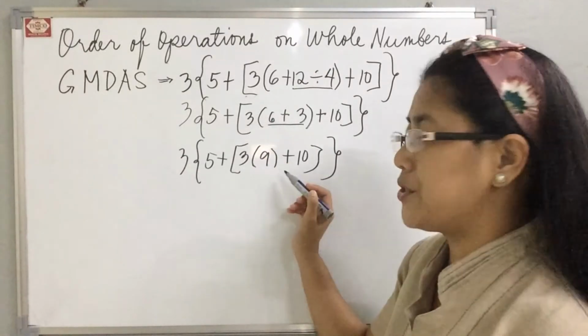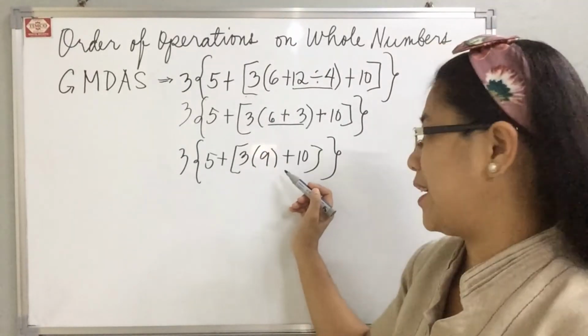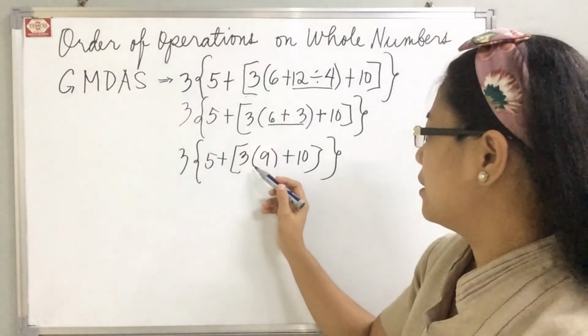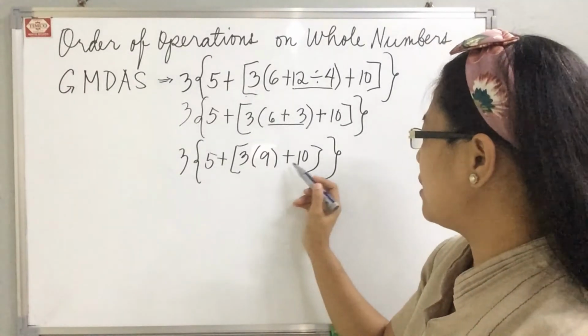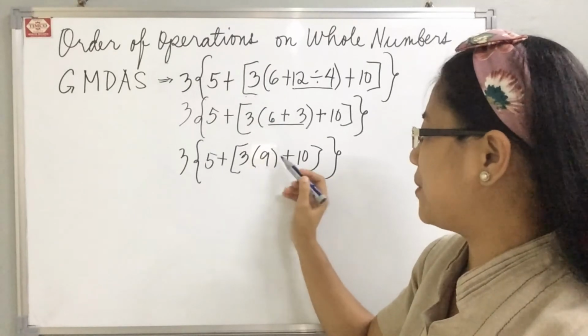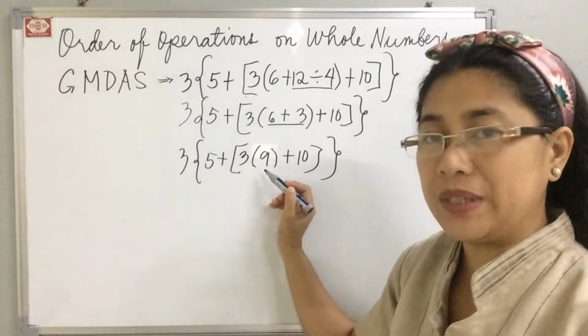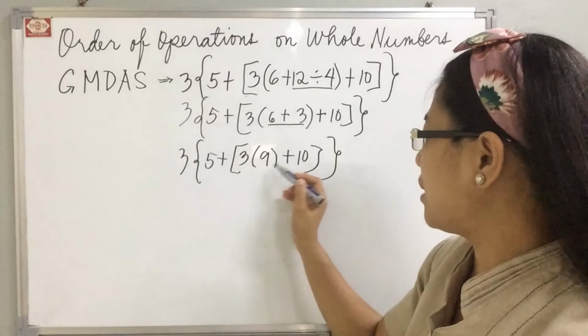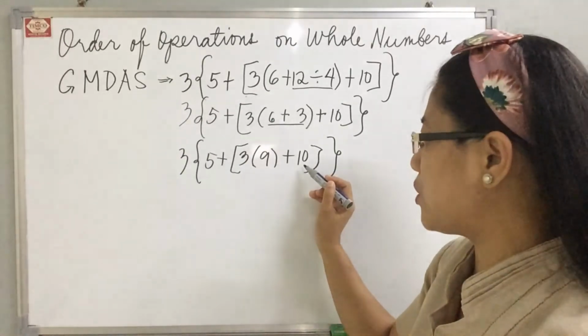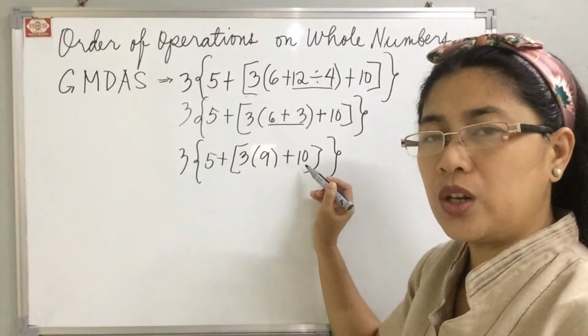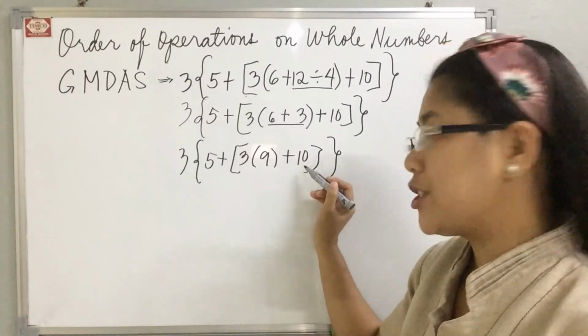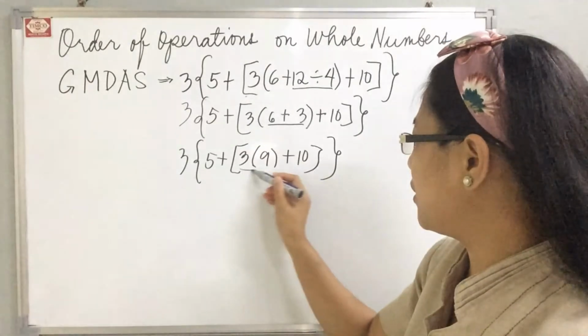Let's solve first what's inside the bracket: 3 times 9 plus 10. When you say a parenthesis class, it means multiplication. So 3 times 9 plus 10. By the PMDAS rule, first solve the multiplication or division. So 3 times 9 first.